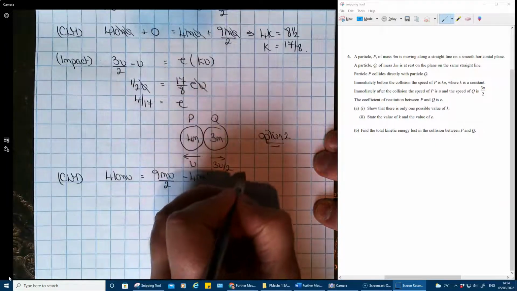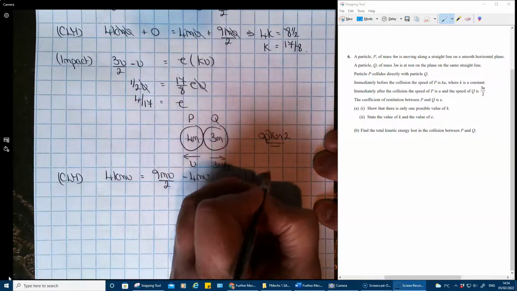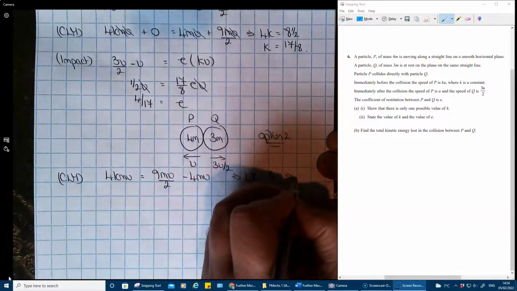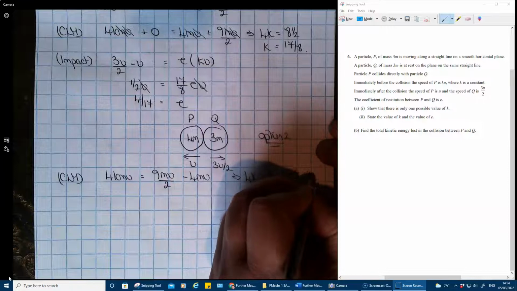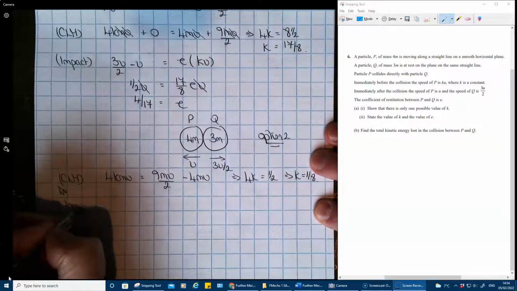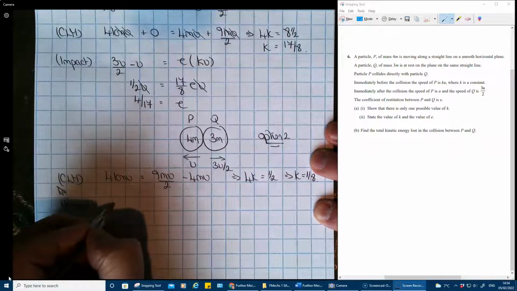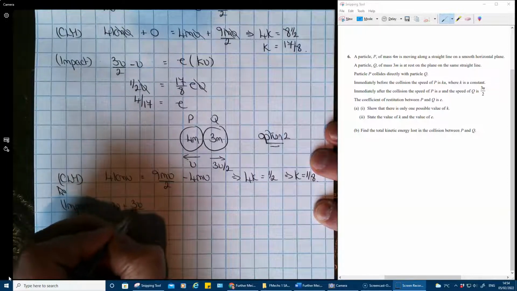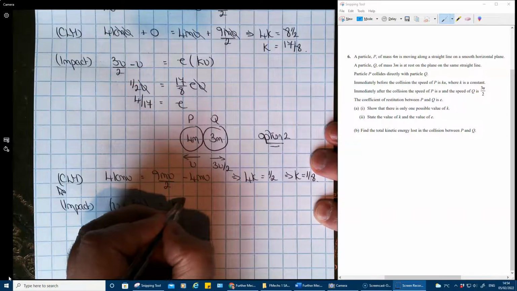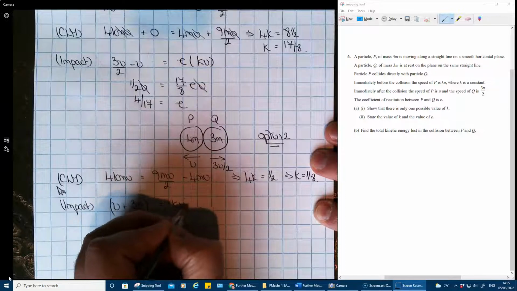That gives us 4k equals a half. So therefore k is 1/8. And the impact law, speed of separation, so we've got u plus 3u over 2 equals e times the speed of approach, so ku times e.